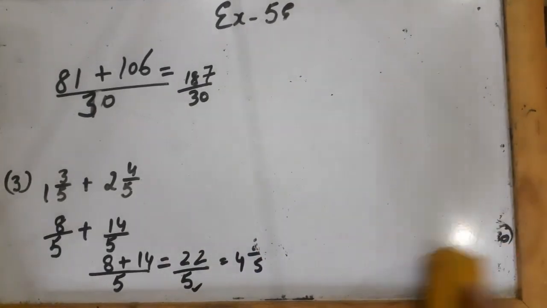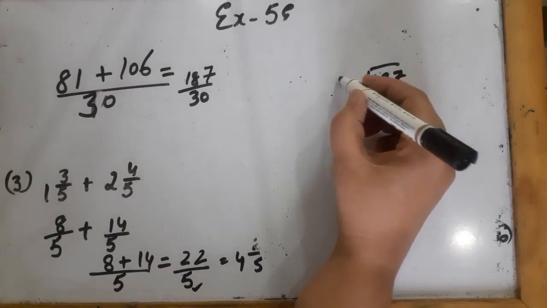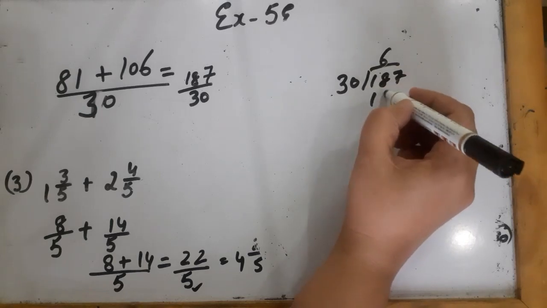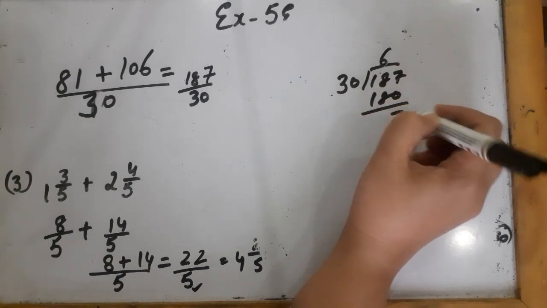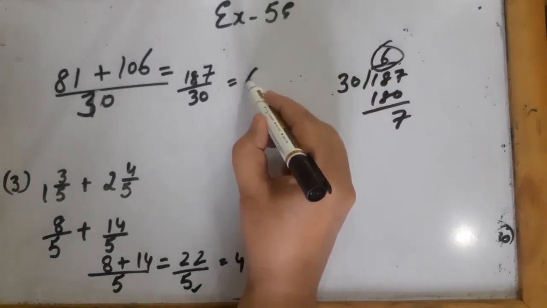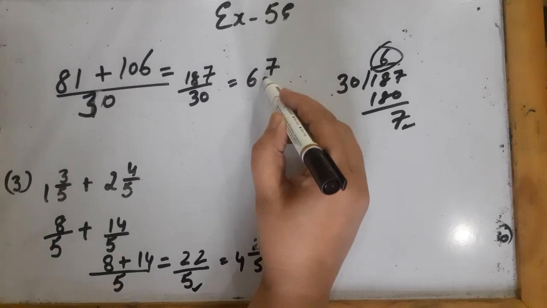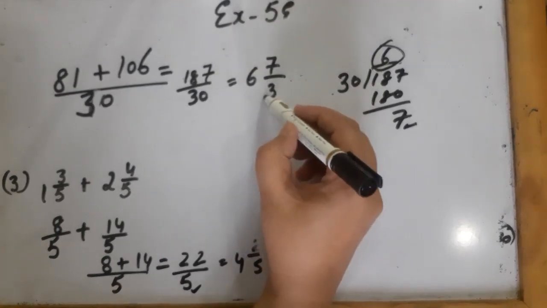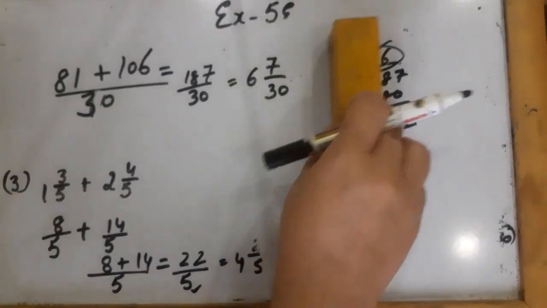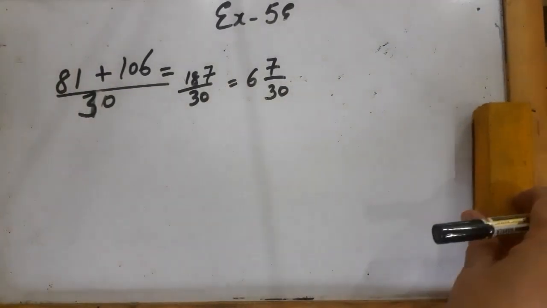How? By dividing. Like 187 you divide with 30. Now I know 6 threes are 18, so 6 thirties are 180, and what you will be left with? 7. So this quotient becomes my whole number 6. This 7 is the numerator and this 30 denominator remains the same. So this is how we do the addition of unlike fractions.